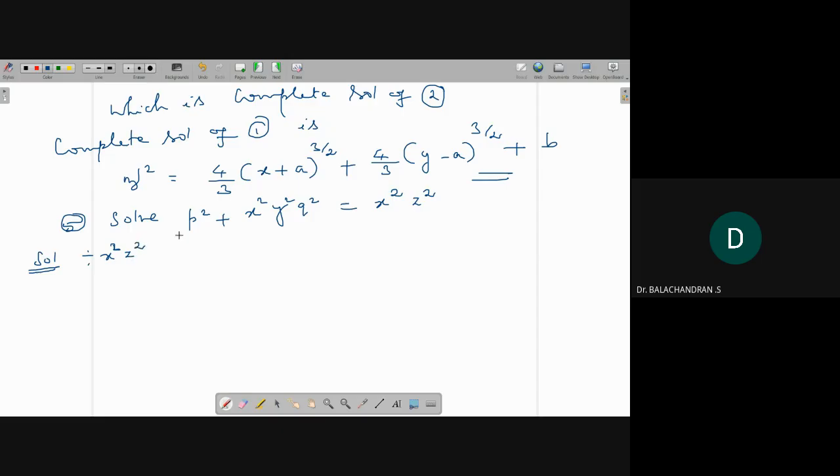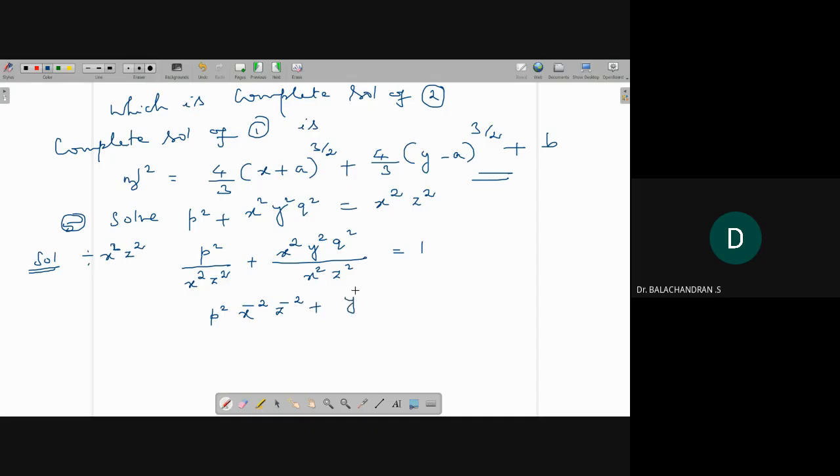Okay. So if I divide by x square z square, then p square x square over x square z square, plus y square q square over x square z square, is equal to 1. You can write in the numerator p square x power minus 2, z power minus 2, small z. X square gets cancelled.